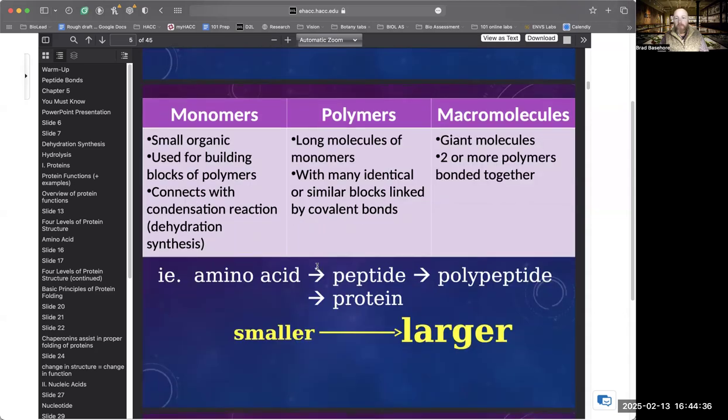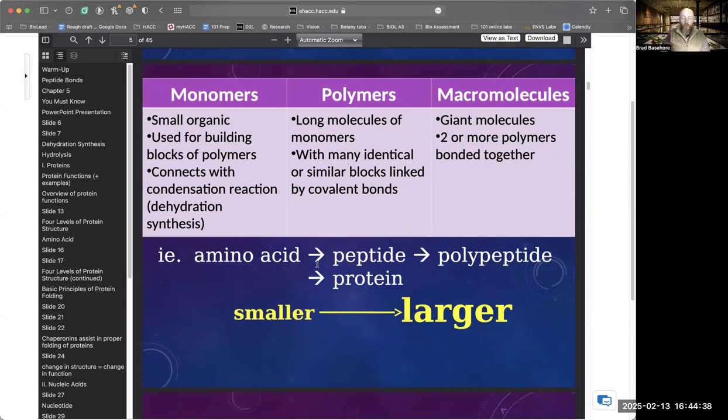So the basic way that most of the molecules in your body form is through monomer polymer chemistry. It sounds a little bit intimidating, but all that means is that you take a lot of very similar building blocks and you link them together into a long chain.